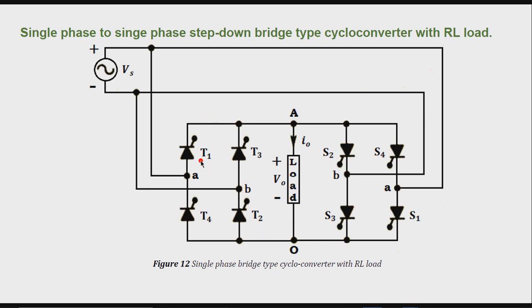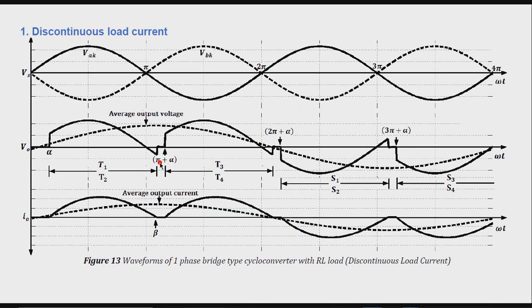When T1 and T2 are on, the load current flows in this direction from A to O. Later on, load current I naught becomes 0 at omega t equal to beta. Beta is known as the extension angle.